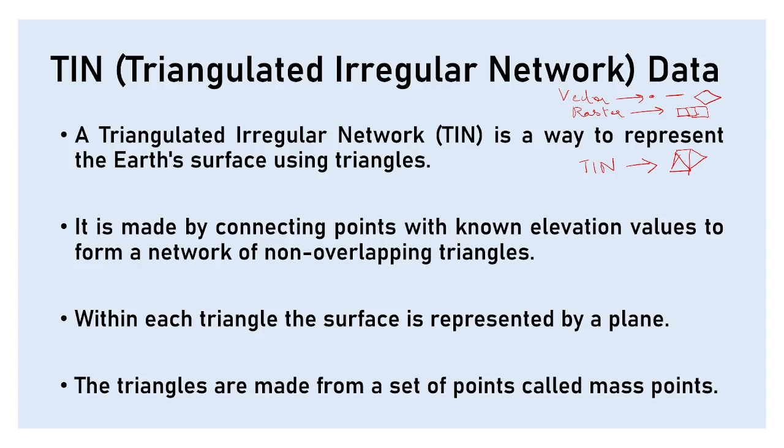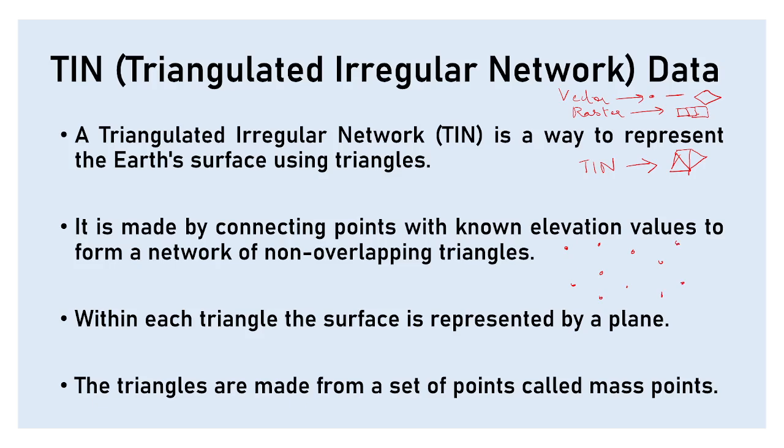This is basically made by connecting points with known elevation values to form a network of non-overlapping triangles. I think I have an image in the upcoming slide, but either way, I'll just show you. Let's say this is our point data. We have just random points here, which give us information about elevation values.